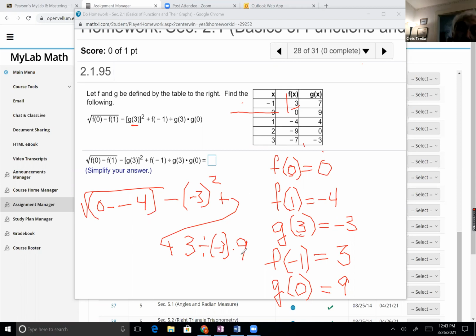And you see how I'm just plugging those numbers in once I figure them out? Then use your order of operations to simplify. Easier than you thought? Yeah. Thank you. You're welcome.